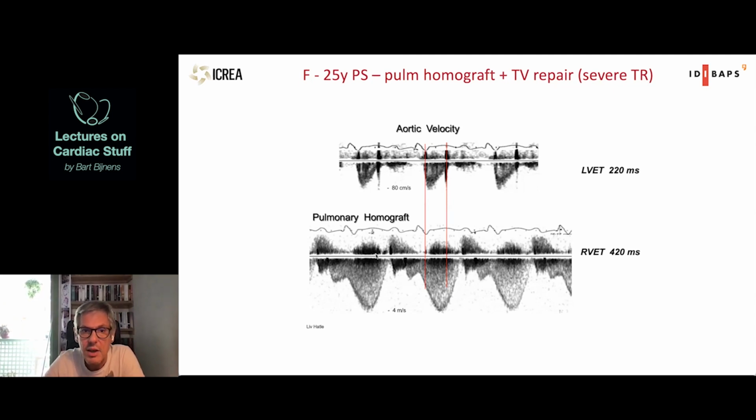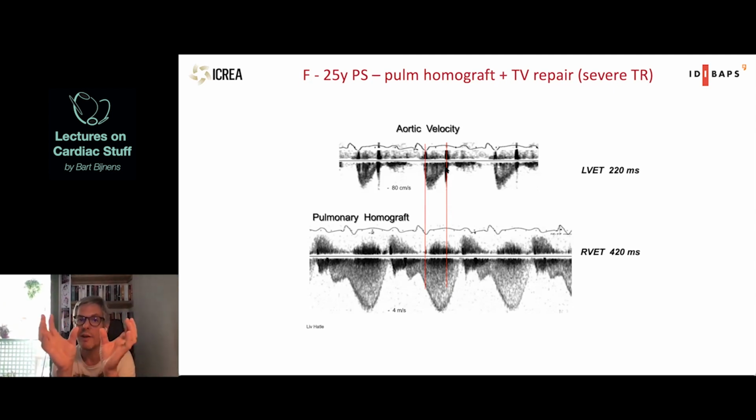And here you see, when you look at the dynamics of the pulmonary valve outflow versus the aortic valve outflow, what you clearly see is that while the aortic valve here is very normal, in this patient with a pulmonary stenosis, the pulmonary outflow is very, very late and is actually taking place much, much longer compared to the aorta.